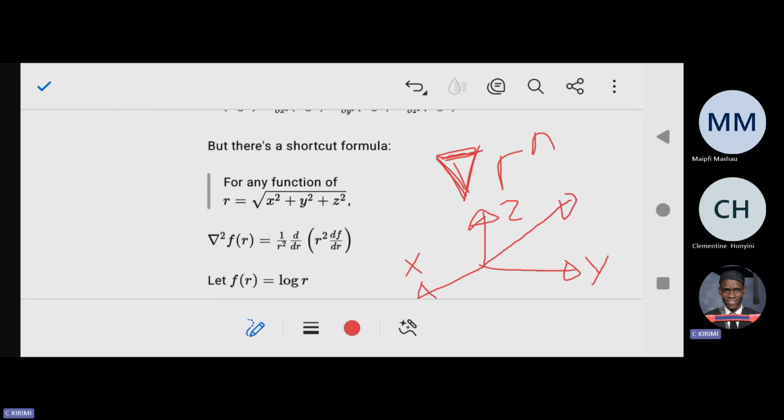R has coordinates in the X direction, in the Y, and in the Z. That's why R, the magnitude of R, will be the square root of X squared plus Y squared plus Z squared. It's now in 3 dimensions. Is that correct?